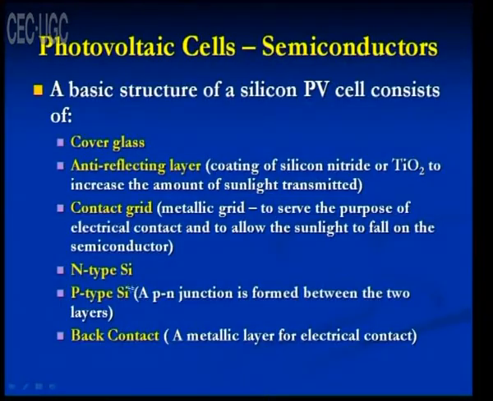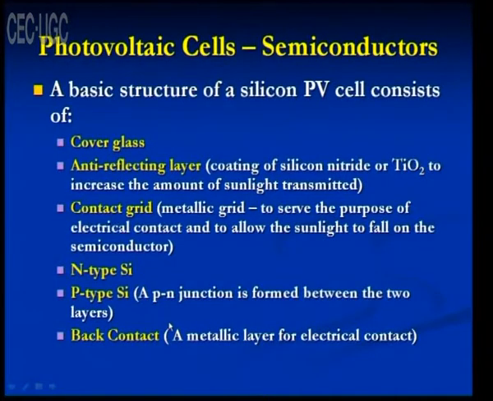Then comes the N-type silicon layer, then the P-type silicon. Their functions have already been explained in the previous slide. They have one excess electron and one less electron, and the P-type silicon gives the electron which gets excited and shifted to the top layer, that is your N-type silicon layer.